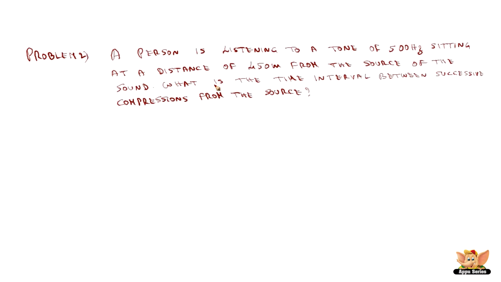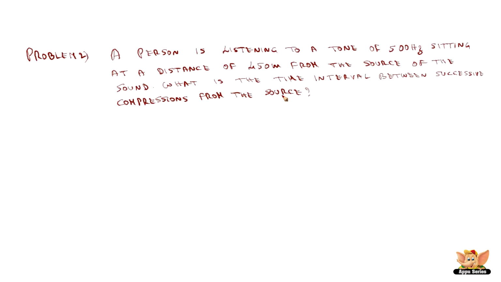Remember that sometimes in the problems, some extra information is there which may not be required when we find the solution. So in this case, what is given is the frequency of the wave and the distance from the source of the sound.